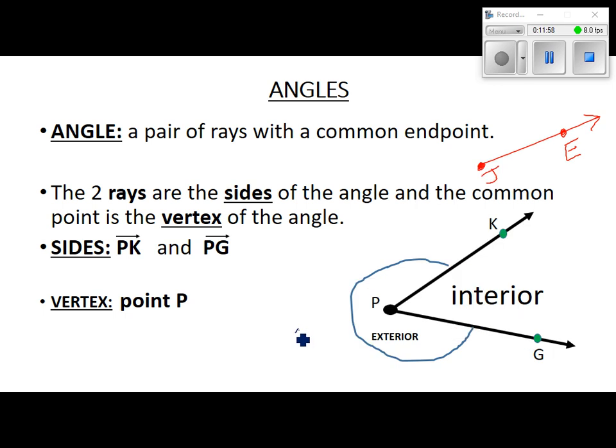I need somebody to volunteer to come up here and draw another ray that hooks to my ray and forms an angle. Go ahead, Jalen. To help Jalen out, where's he gonna start his ray? At J. Any kind of angle, but I don't want a straight angle.